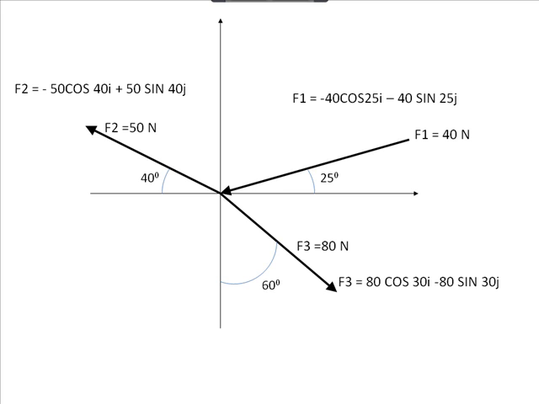This force in vector form will look like 80 cos 30 i minus 80 sin 30 j. See, I have always taken the angle with the x-axis so that I can set up a system where I only deal with one angle, 30, which is with x-axis, and x component will be cos and y component will be sin. Finally, in third quadrant, if I have force 70 inclined at 15 degree with y-axis, I will write its vector form as minus 70 cos 75 i minus 70 sin 75 j.